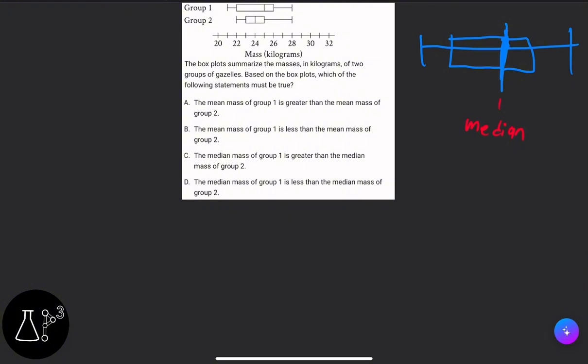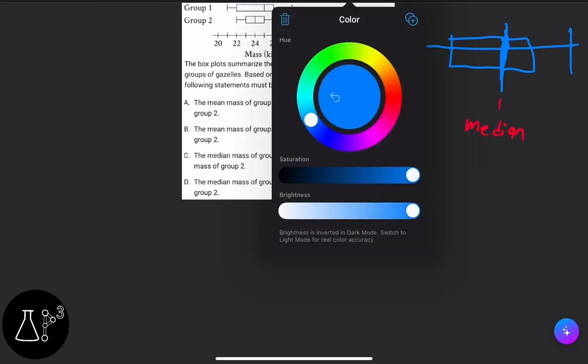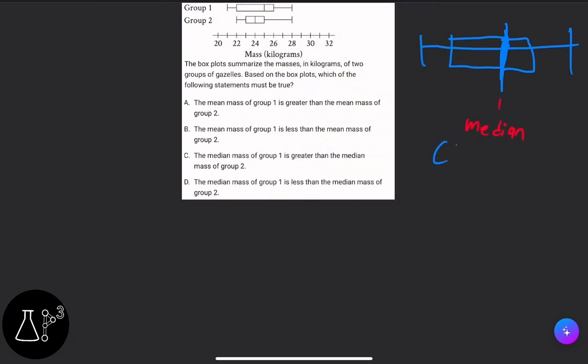What's good about these box plots is that you cannot determine the mean. It is physically impossible because they don't tell you how many numbers there are. The only thing you can conclude is the median itself, and that is it.